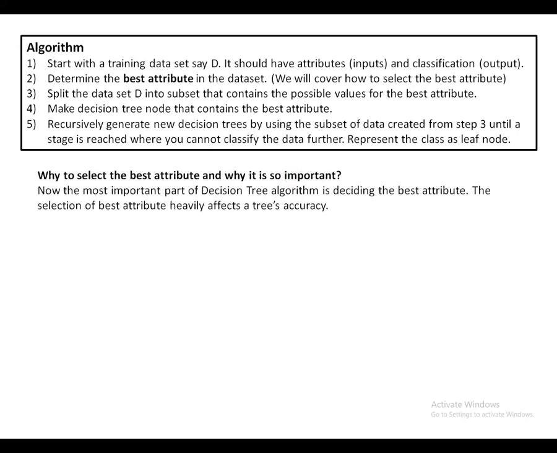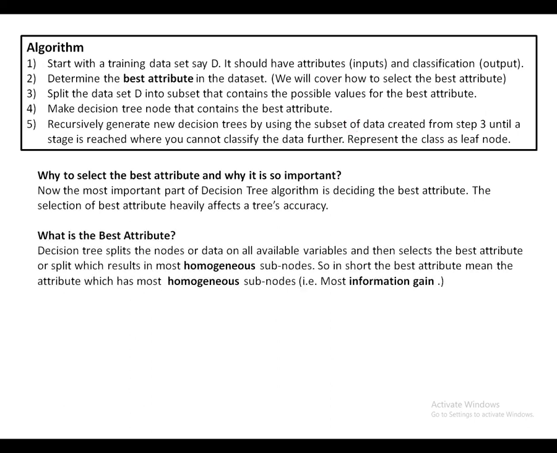Now, let's see why to select the best attribute and why it is so important. The most important part of a decision tree is deciding the best attribute. The selection of the best attribute heavily affects the decision tree's accuracy. What is the best attribute?